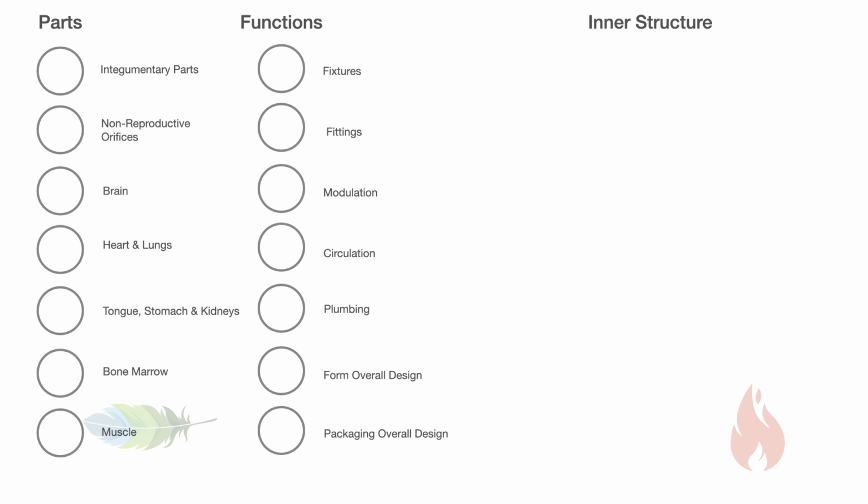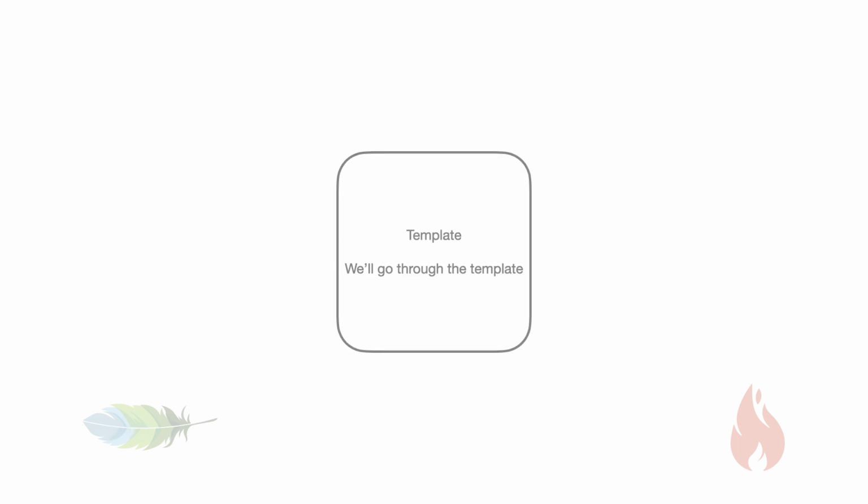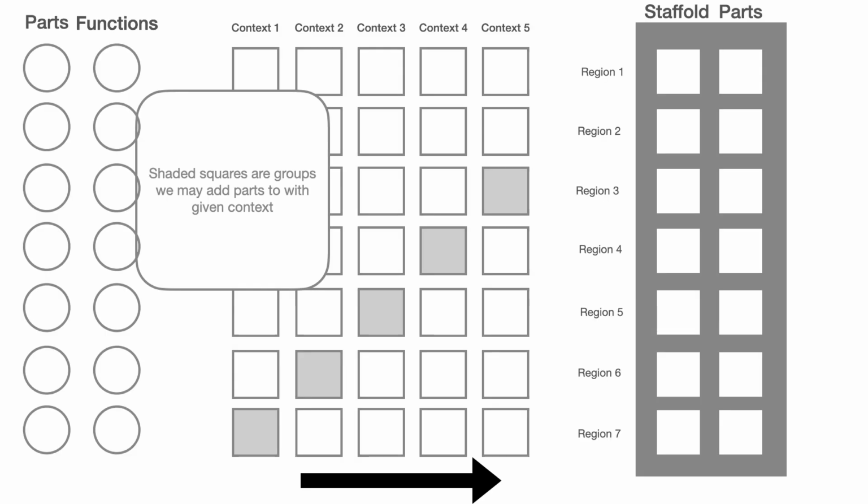And here we go for the inner structure. Similarly, for the most part, we really just care about those squares that have the gray shade in them. But we'll run through the motions and put some other parts alongside the squares for a given column.